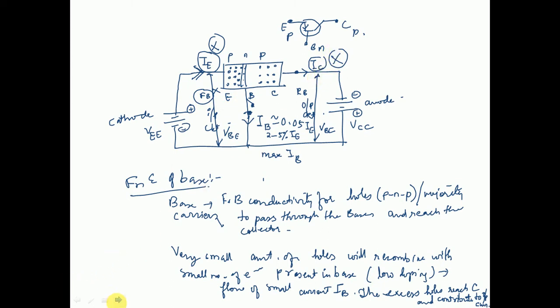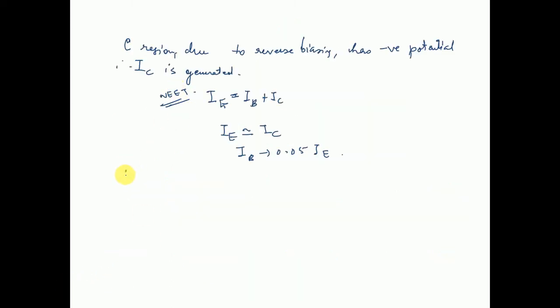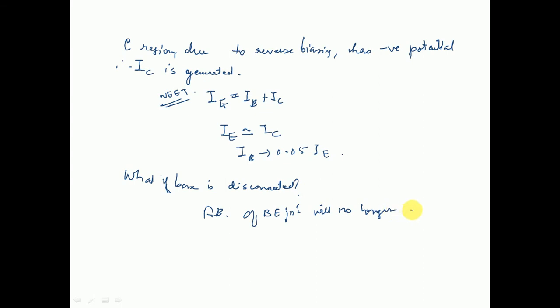Let me write down, what if the base is disconnected? What happens then? Please write down: forward biasing (FB) of the base emitter junction will no longer be possible.